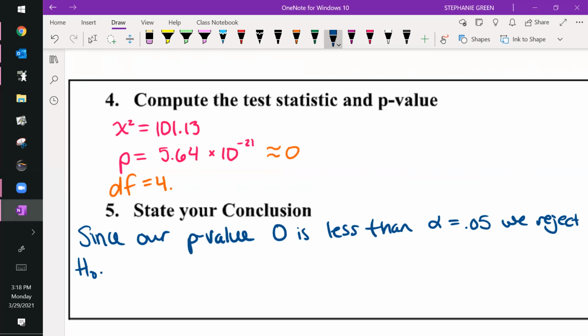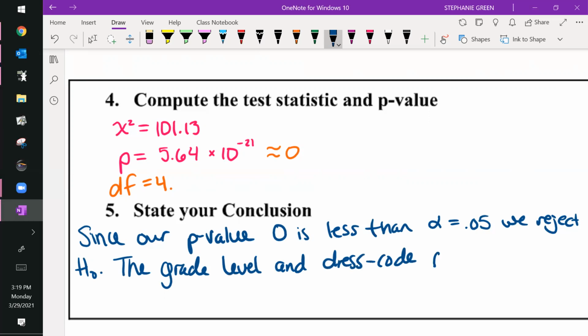It's going to mean that they are associated. The grade level and dress code preference are associated. Ta-da, all done.